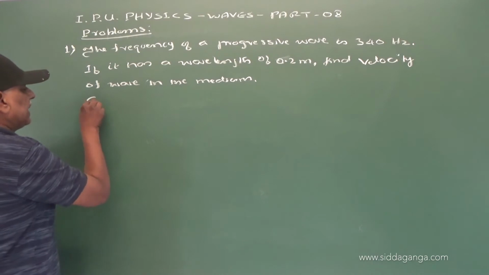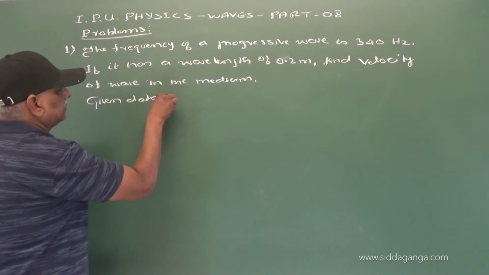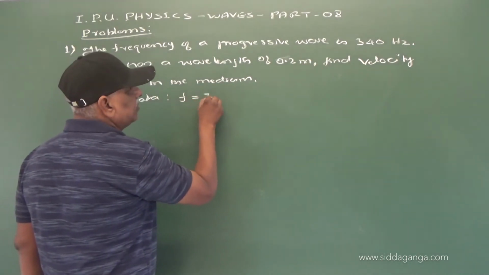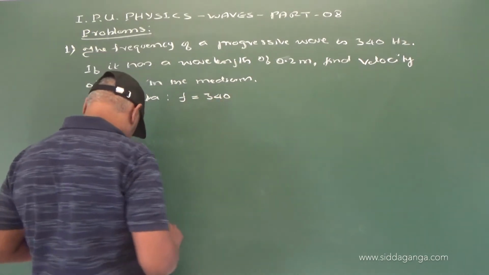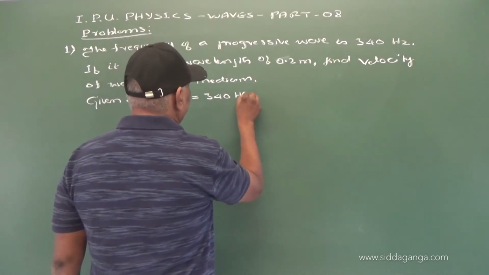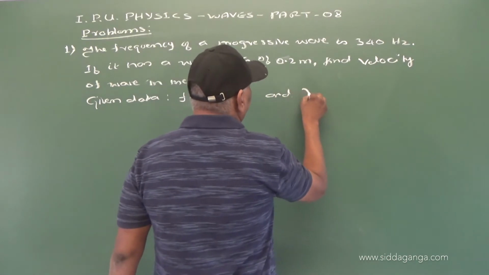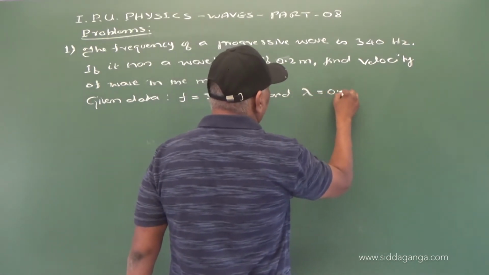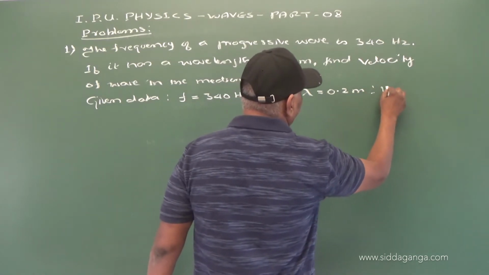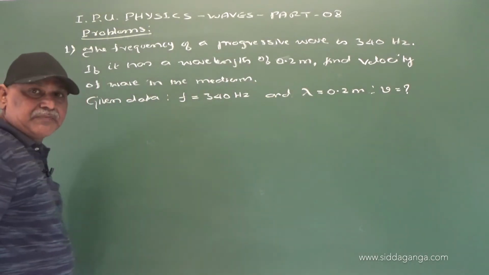Now we have the given data. Here we have the frequency f = 340 hertz, and wavelength lambda = 0.2 meter. Now we need to find velocity v. It is a simple problem.